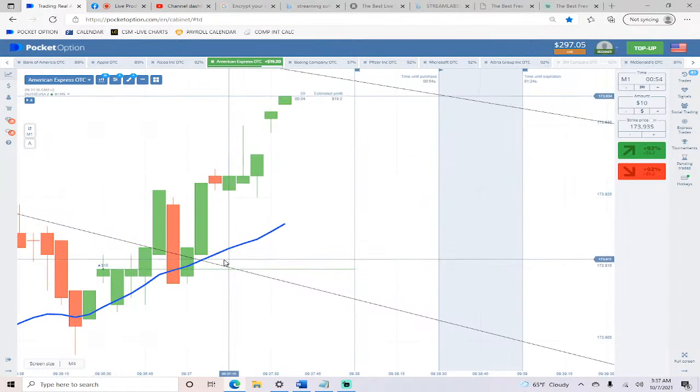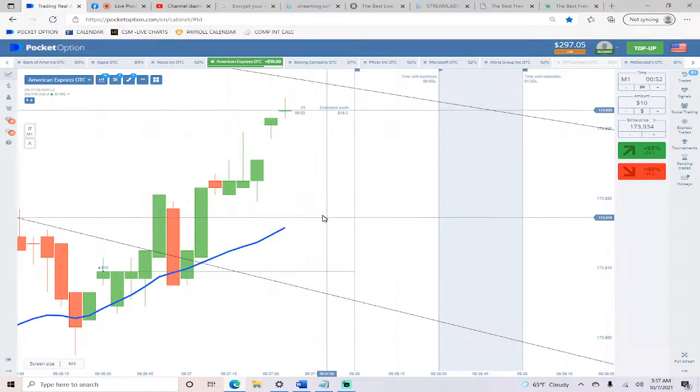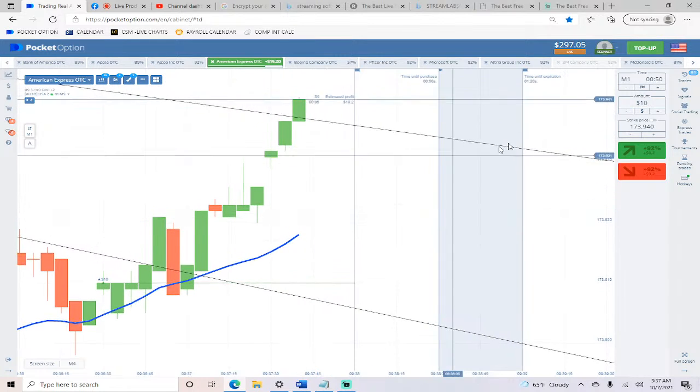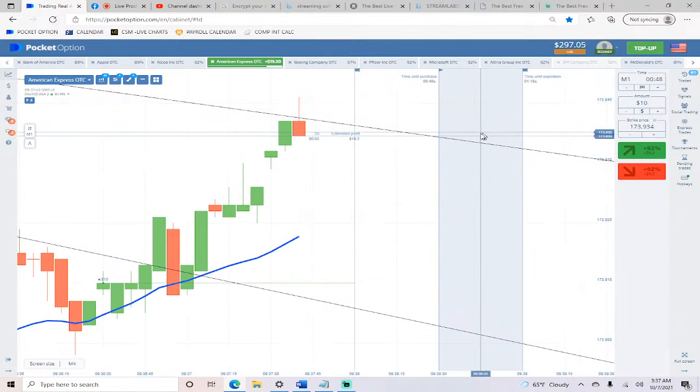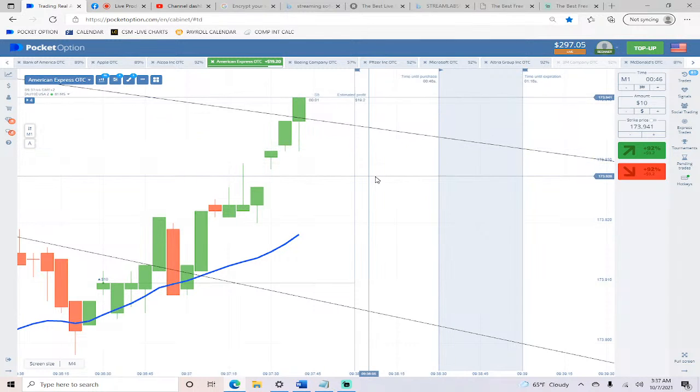Now in this trade, as long as we're above this green line for 1 minute, we win the trade. I bet $10 on my account means I'll get $9.20.